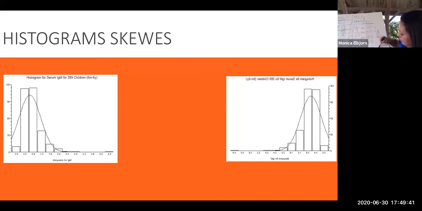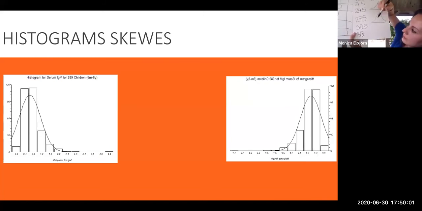And then it could be skewed to the right. If we have people who are 30 years old, then it will be here.